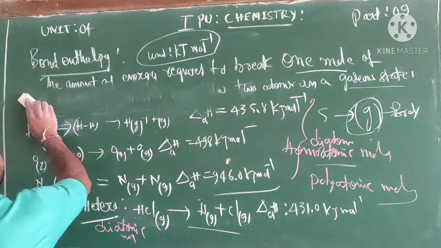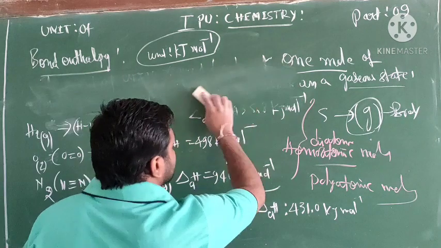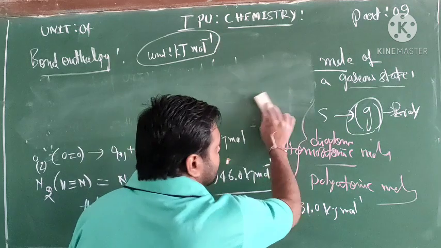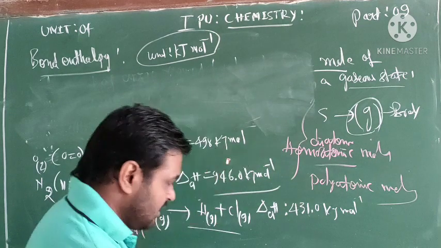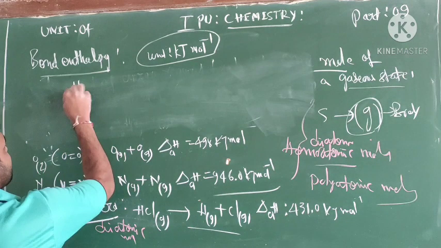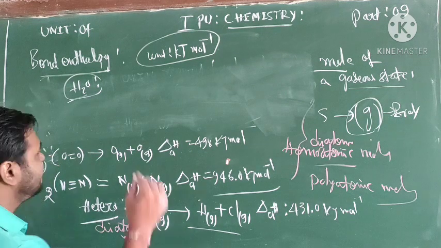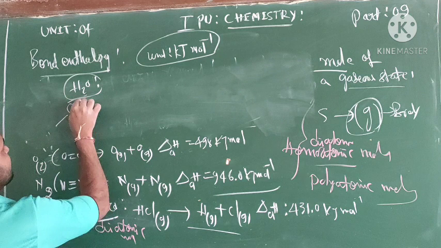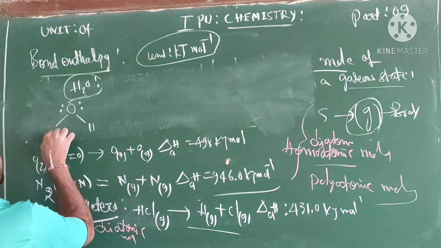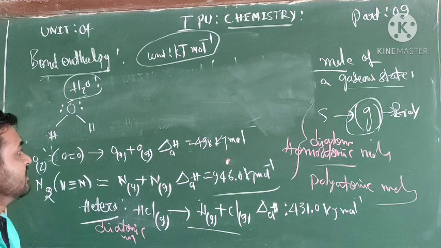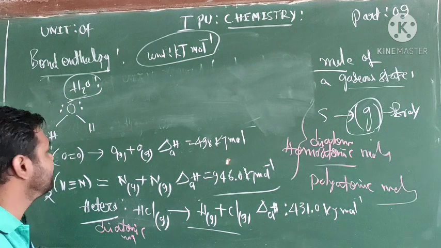Let's look at one example of polyatomic molecules. Water is a polyatomic molecule. The water structure was already discussed, with bond length and bond angles, in the previous section of the videos.